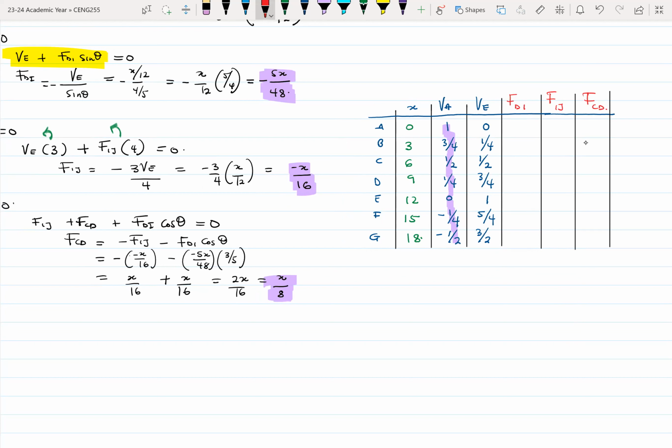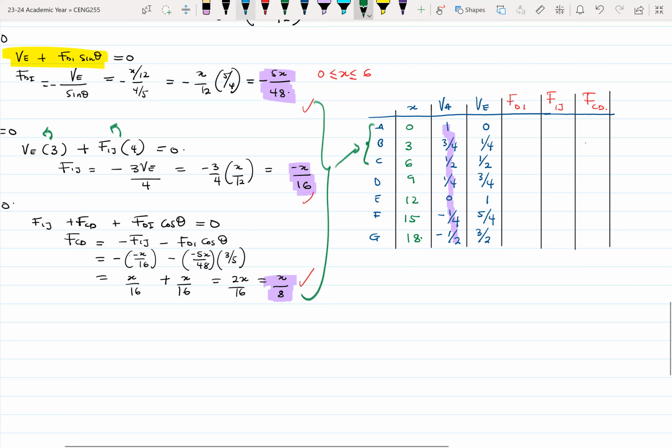So again, these equations are valid for when x is between 0 and 6. Please take notes. So these three equations here would only work for these three portions. Please take note.